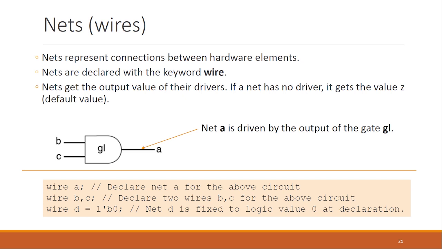We already have looked into this syntax. This is how you specify a number in Verilog. This is a 1-bit number and we are going to assign 0. So at the declaration itself, you can assign a value to a wire. This D is not something in the AND gate we have here, but it's there just to demonstrate how you can assign a logic value at the declaration itself.